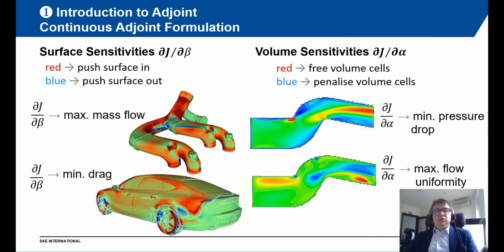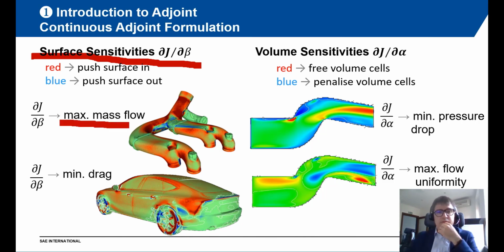So in terms of surface sensitivities, what you get once you have the U and V velocities is what we call a sensitivity map on the surface. If you have, for example, a manifold case, and you want to maximize the flow rate, you end up with a map like the one shown here, where red means push the surface in to increase the mass flow rate, blue means pull the surface out to increase the mass flow rate.